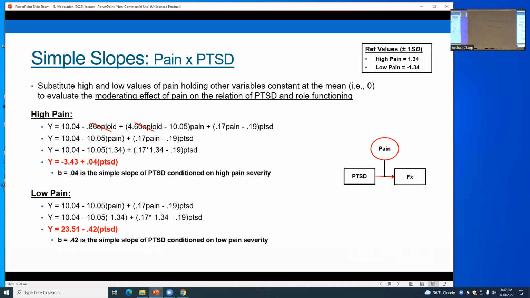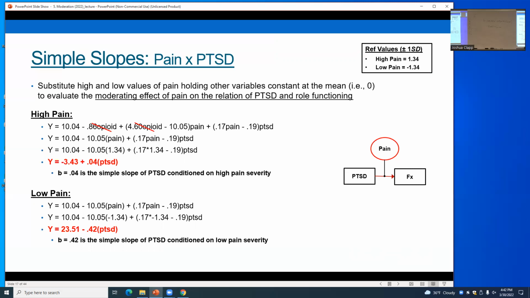With these models, if you're starting to get confused, again, think about what this stuff is. Holding things constant at 0. Well, holding everything constant at 0, not pain, because pain is my moderator, and PTSD is my conditional effect. If I plug zeros in for everything else, terms start dropping out, right?